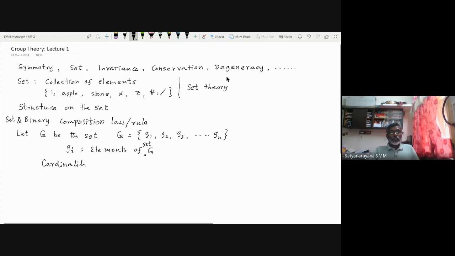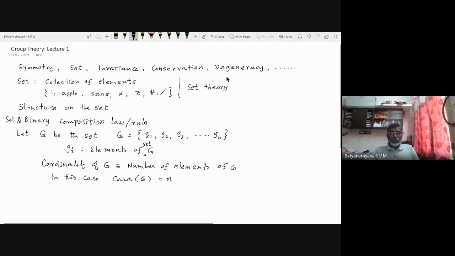Cardinality of G is defined as the number of elements of G. So in this example, the cardinality of G, let me write this as card of G, is equal to n. There are n elements, and hence this is equal to n.